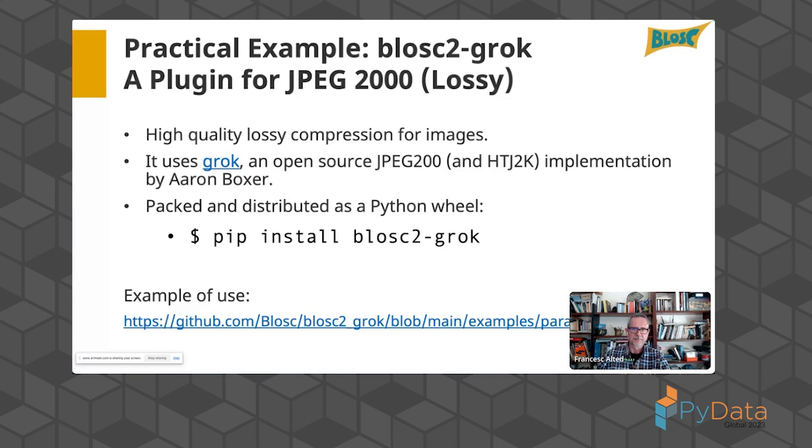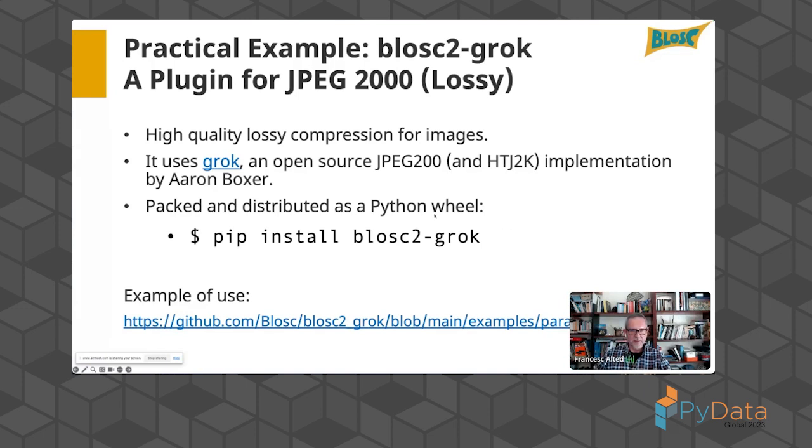As a practical example, let me introduce Blosc2 Grok, which is a plugin for JPEG 2000. So it's a lossy compressor. Typically Blosc2 normally only includes lossless compressors, so this is a good contribution for Blosc2.